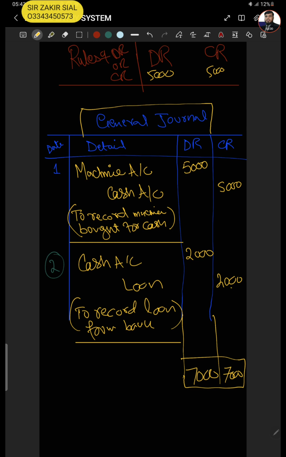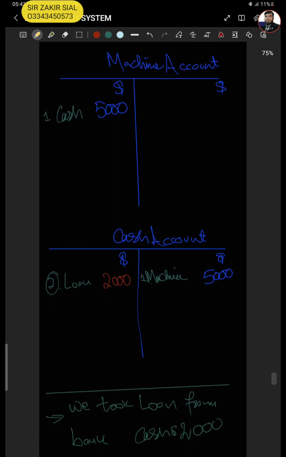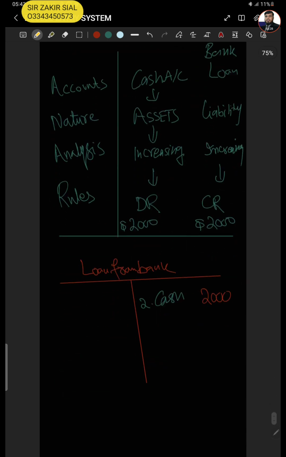Whatever transactions we write on the debit side, the same amount we write on the credit side. Sum of debit equals sum of credit. Sum of left side equals sum of right side. In the T accounts, if we see 5,000 and 2,000, 7,000, and the same on the other side, again the sum is equal.